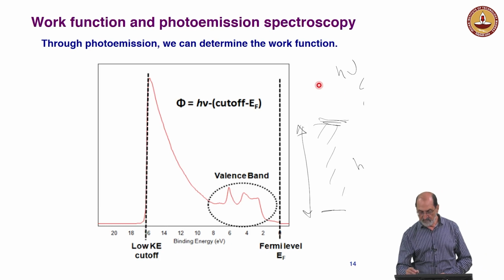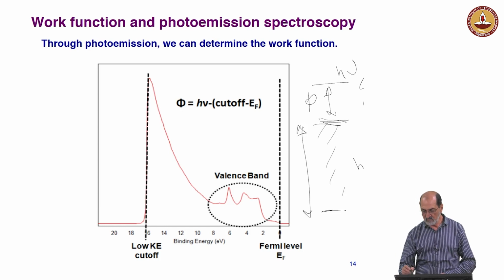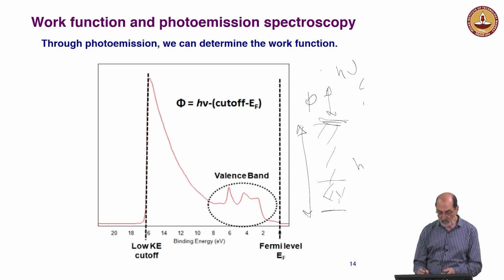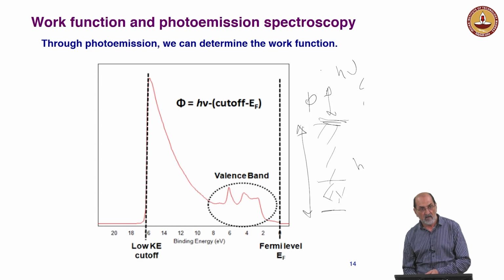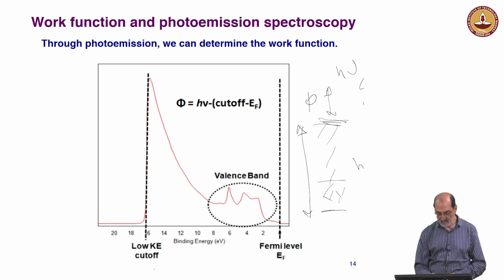But if the vacuum level is here, and this is the work function, those electrons who are here are not going to reach the vacuum level and are going to escape from the sample. So the width of what we see from the photoelectrons, with the highest and the lowest kinetic energy, from here to here, is going to be h nu minus the work function, right?